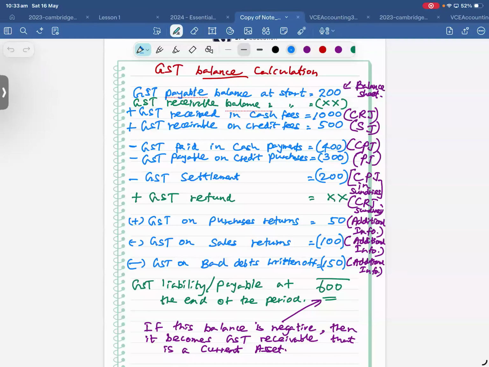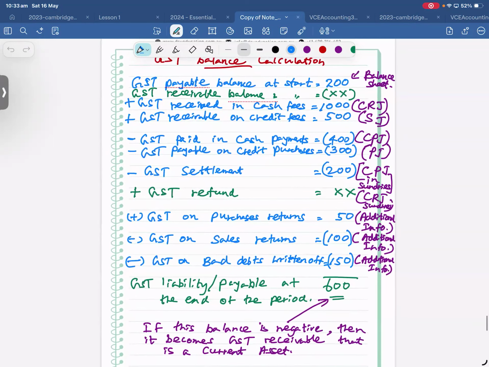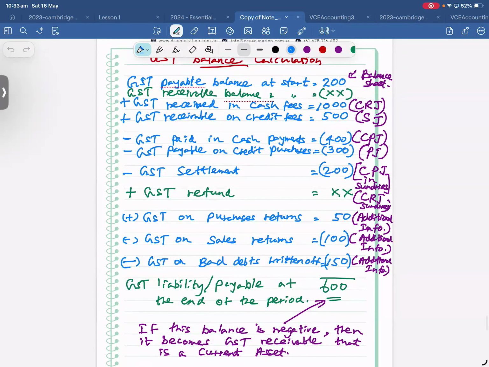This GST balance calculation, please take down in your book. And having taken it down, you have to try doing it in the question. However, you won't find all the information, but most of the information would be there.